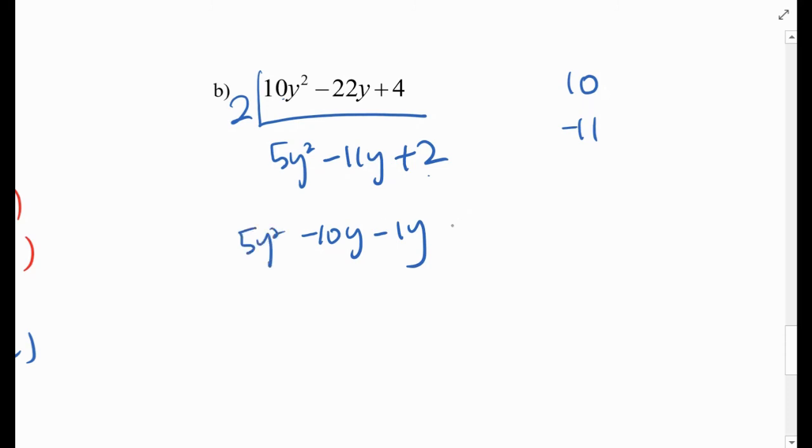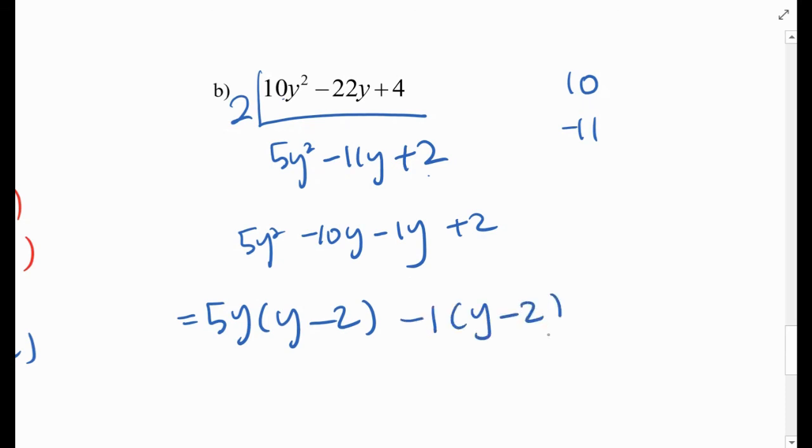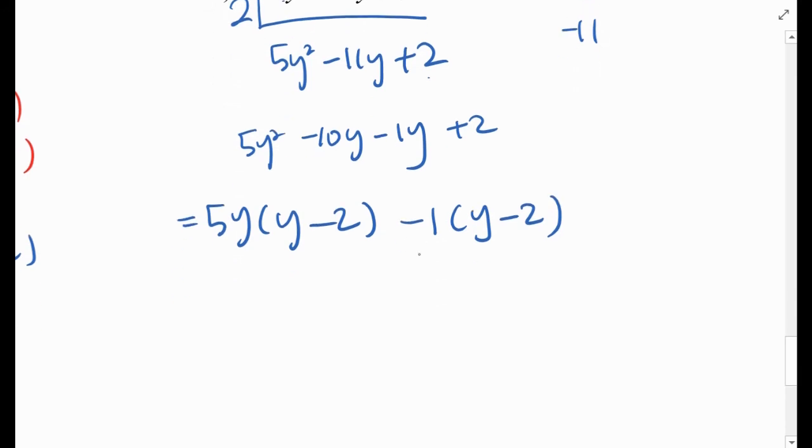5y squared plus 2. So again, you're going to group those two up, and find the GCF from each group. So 5y, y minus 2, and here negative 1, y minus 2. You can omit 1. So factor out negative 1, y minus 2.